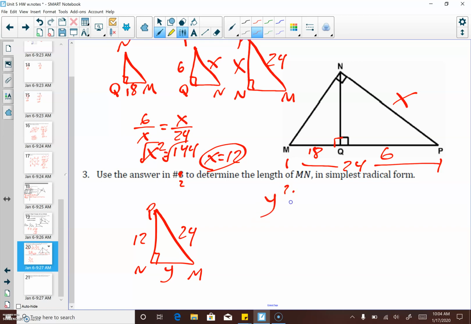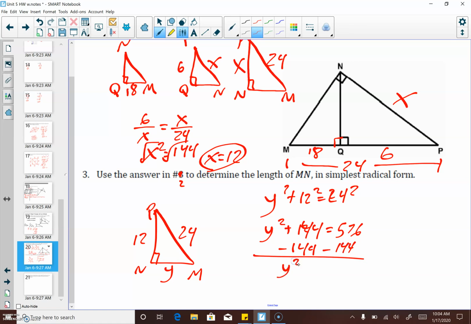So y squared plus 12 squared equals 24 squared. 12 squared is 144. 24 squared is 576. I'll subtract the 144 on both sides, and I get y squared equals 432.